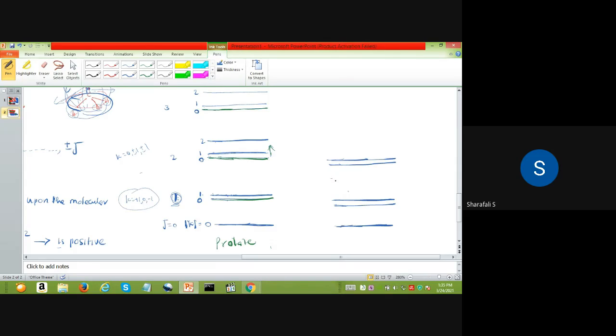It will come somewhere here. And if you consider the third one, your 0 level is somewhere here, the next level comes here, 2 will come somewhere here, and 3 somewhere here.